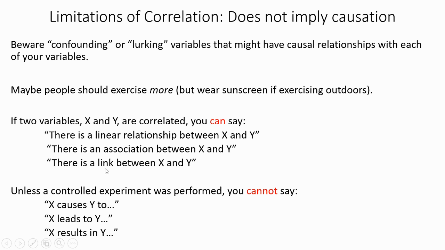It's just not a direct link necessarily. Okay. So unless it was data from a controlled experiment where, say, you control for people going inside or outside, we want to stay away from any words like causes, leads, or results, because those imply that one thing directly causes the other, which is not implied by the presence of a correlation.